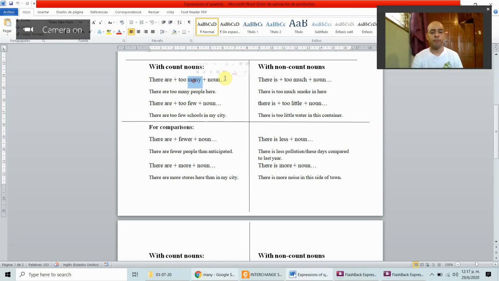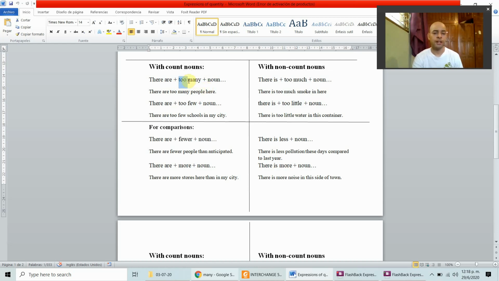So remember that many and much are used to say that there is a big number of something, and few and little are used to express that there is a small amount of something. Many people, few people, much water, little water. And too is used to express excessiveness.